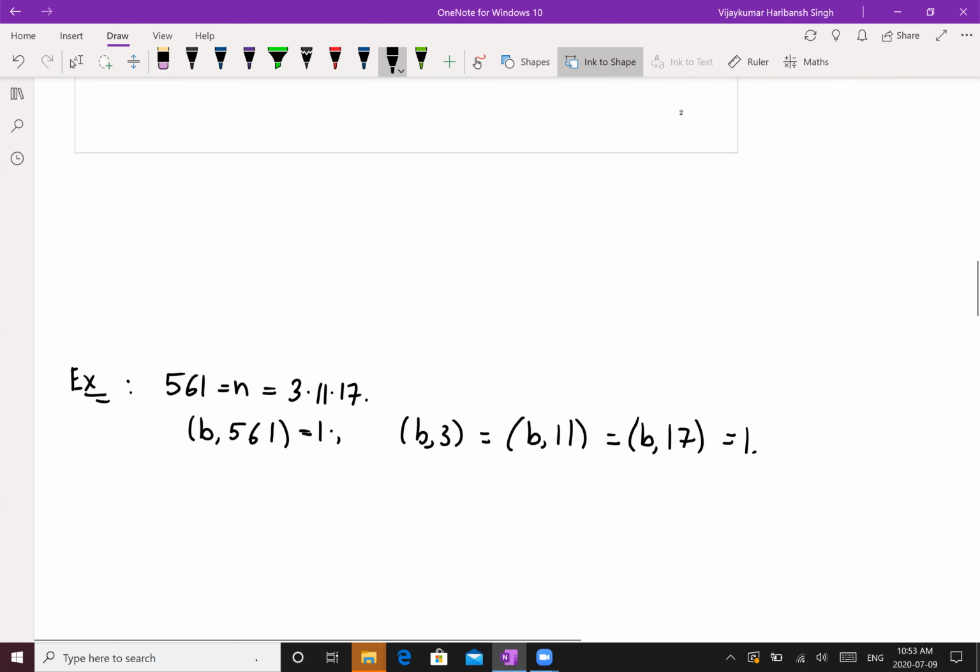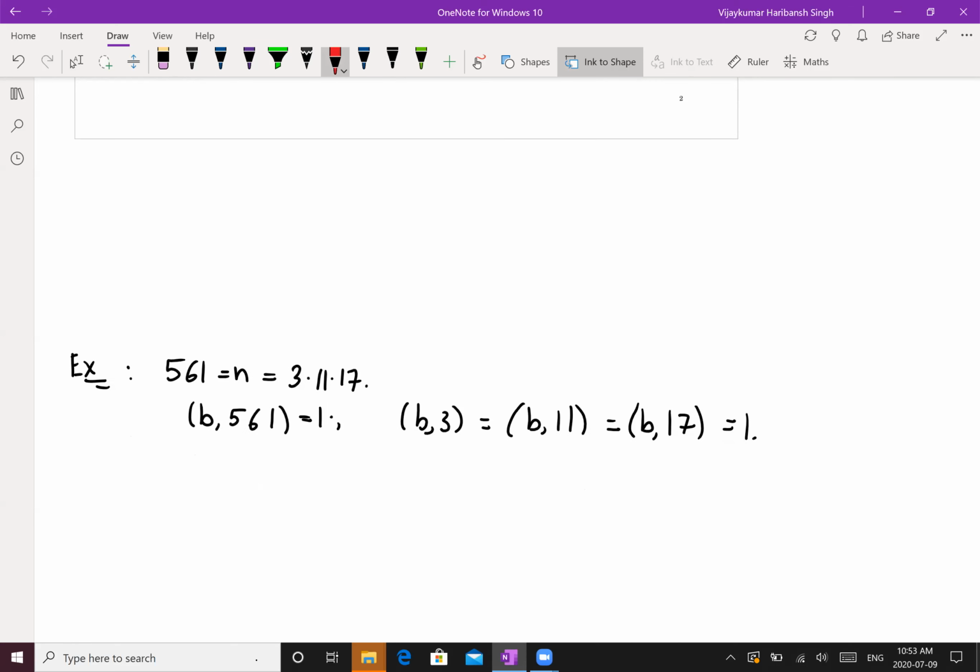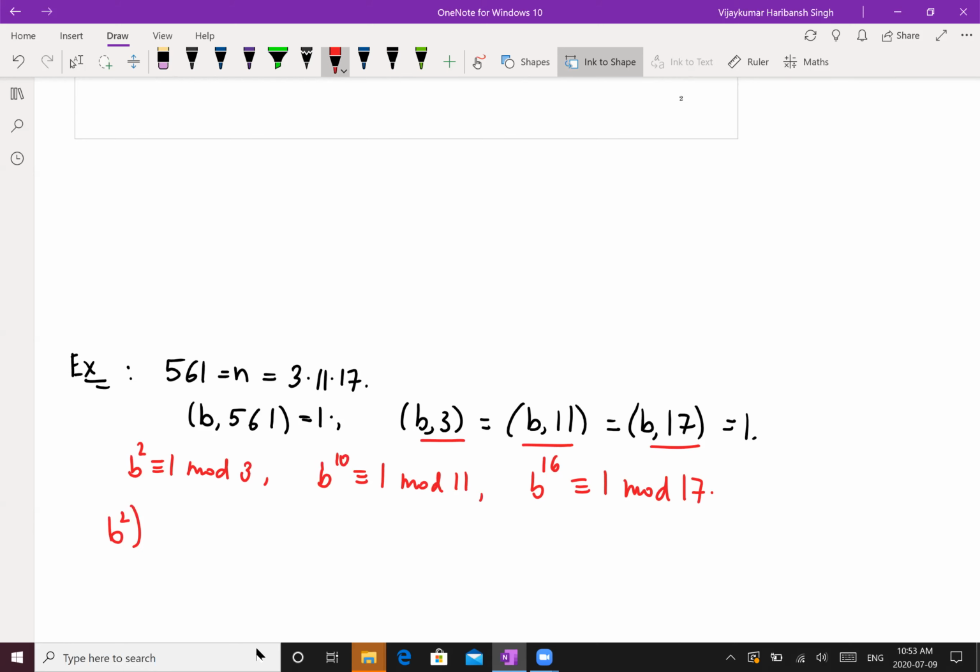Now, if you use Fermat's little theorem for each one of them, we get b squared is congruent to 1 mod 3, b to the 10 is congruent to 1 mod 11, and b to the 16 is congruent to 1 mod 17. Now notice that we want to find out b to the power n minus 1.